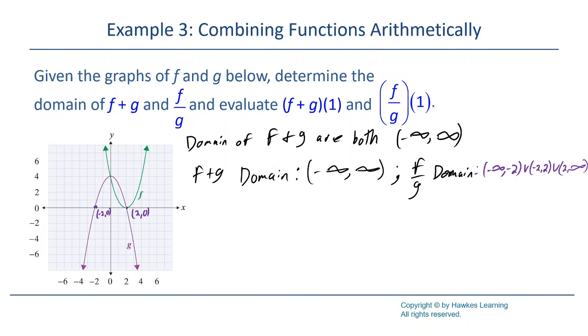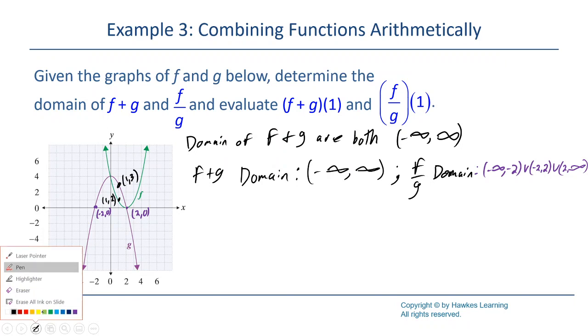All right, so now that we've got that out of the way, let's get to the actual evaluation. So at 1 on g, I'm at 3. And on f, when I'm at 1, I'm at 1.